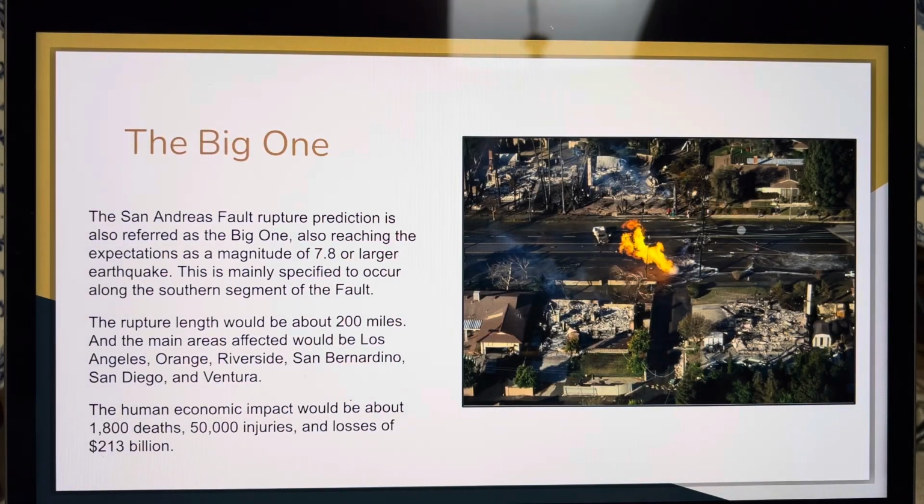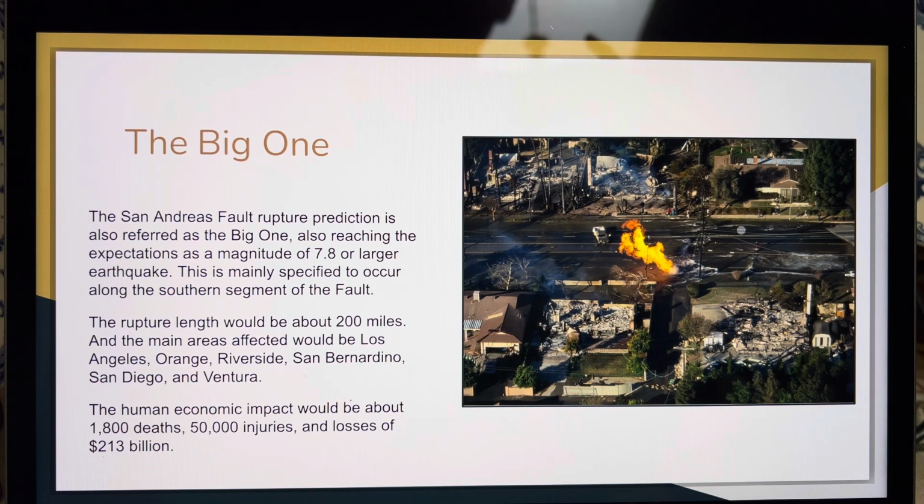I think we've all heard a little bit about the big one, which refers to the San Andreas rupture as a prediction. Our expectation for this big one could be a magnitude 7.8 or larger earthquake. This is specifically expected to occur along the southern section of the fault, which is the LA area.